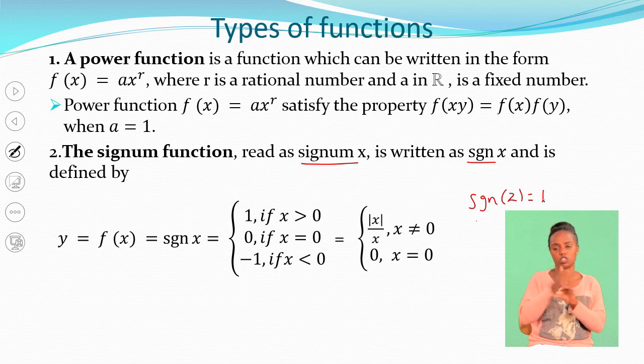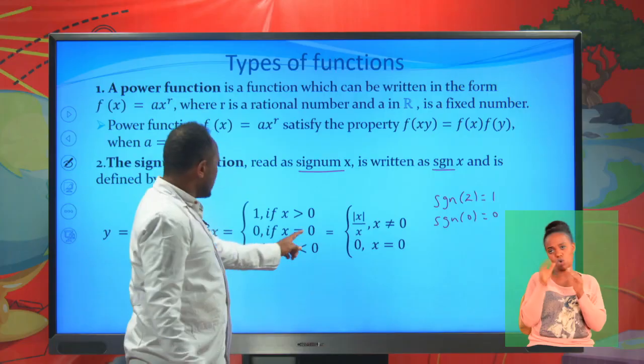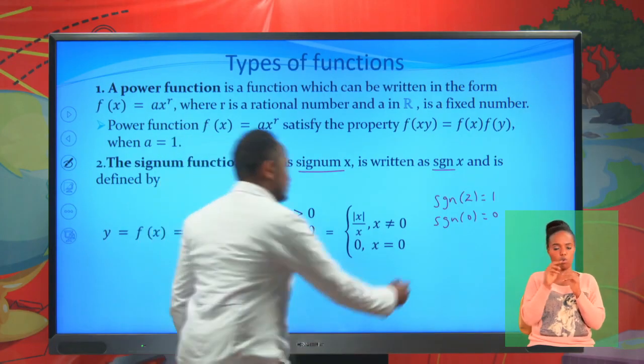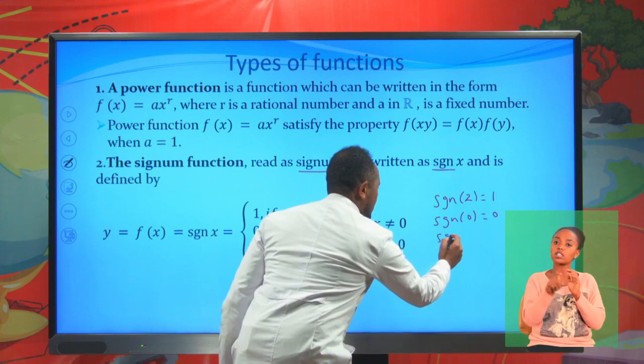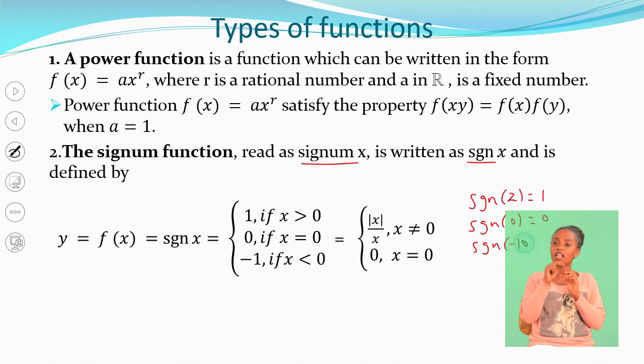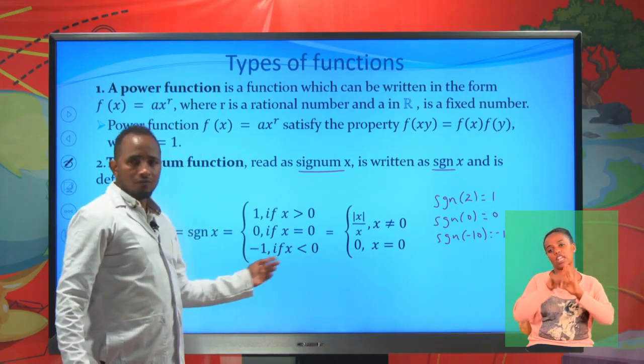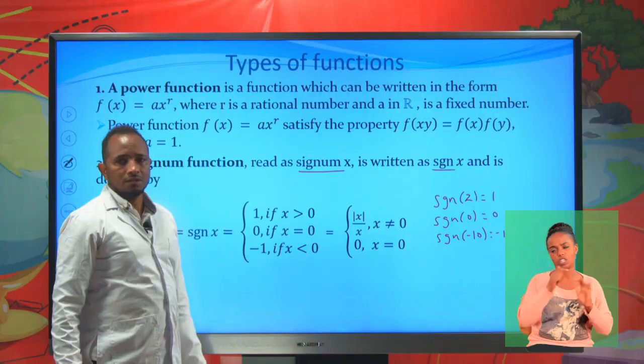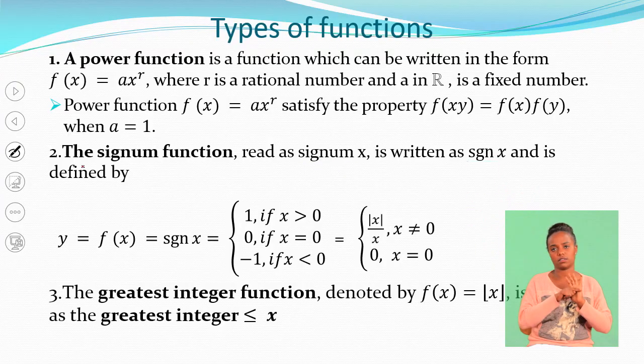If you are asked the sign of 0, the result will be 0. And if you are asked what will be the sign function of negative 10, for negative numbers it gives you negative 1. The sign function is negative 1 for x less than 0. The greatest integer function is denoted by this one.